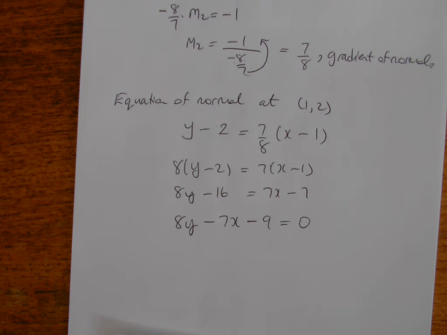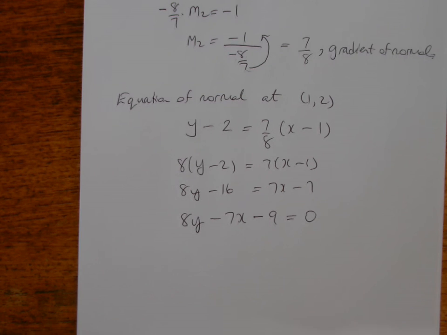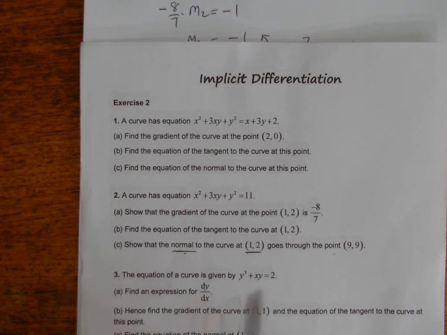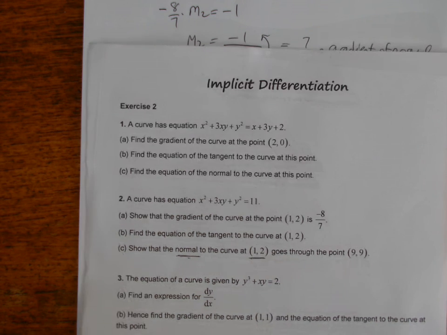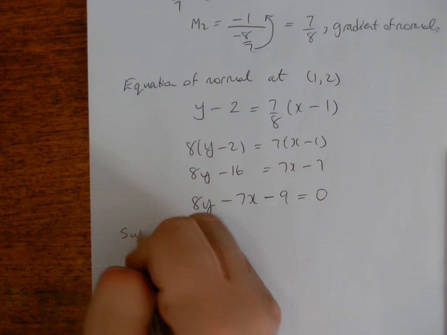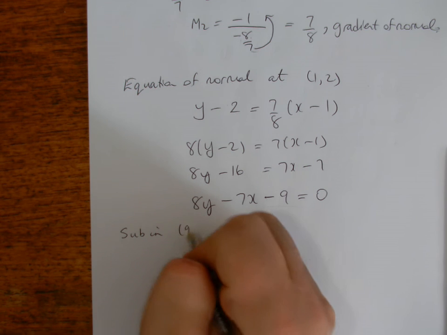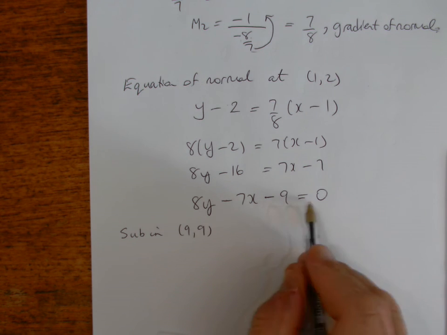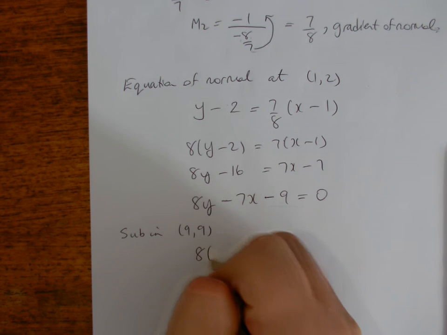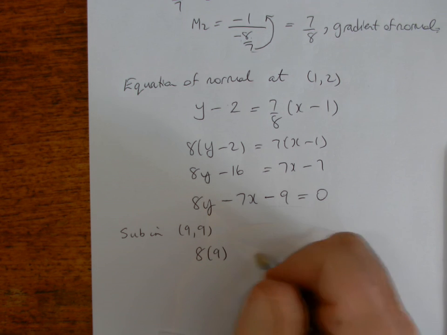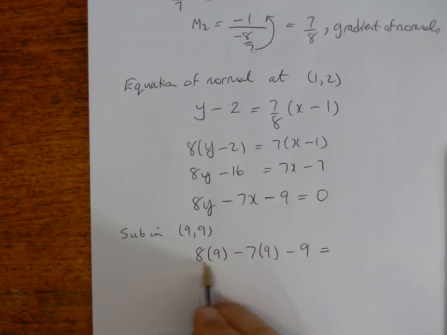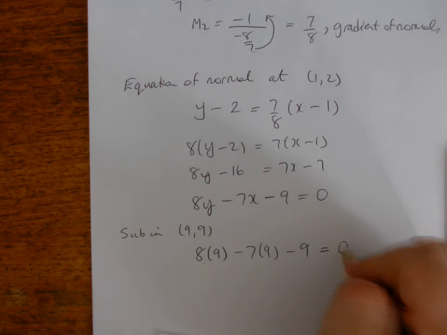Now, you might think, why didn't they ask us for that? But because they refer to the normal here, you work out the equation of it, and we've got to show it goes through (9, 9). So because I've got the equation of the normal here, I'm going to substitute in (9, 9), and it should satisfy this equation, right? It should work in here. So in other words, it should come out to be 0. If I put 9 in for y, and 9 in for x, and work this out on our calculator, it does indeed come out to be 0.